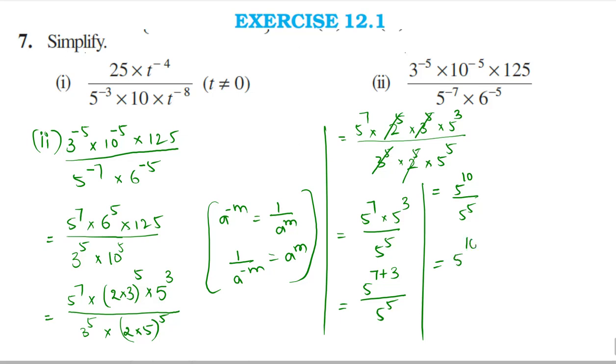So 5 to the power of 10 minus 5, which is equal to 5 to the power of 5. So this is equal to 5 into 5 into 5 into 5 into 5. So 5 into 5 is 25, 25 into 5 is 125, 125 into 5 is 625, 625 into 5 is 3125. So that is the final answer.